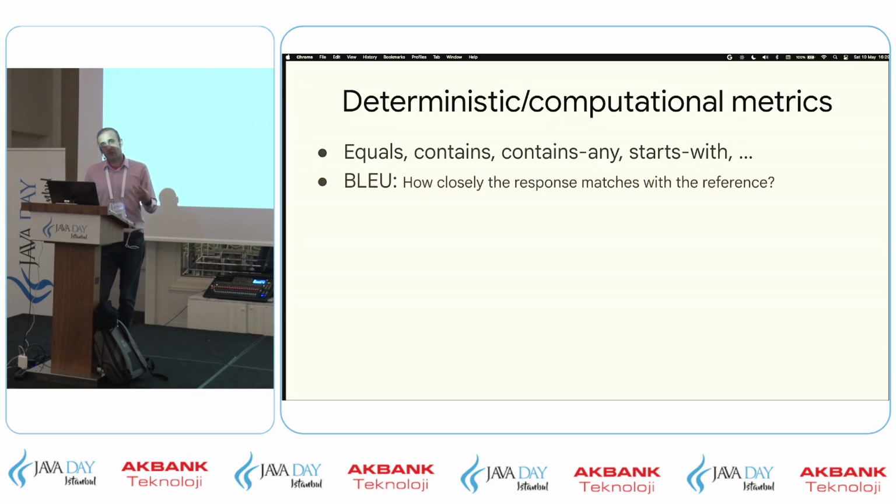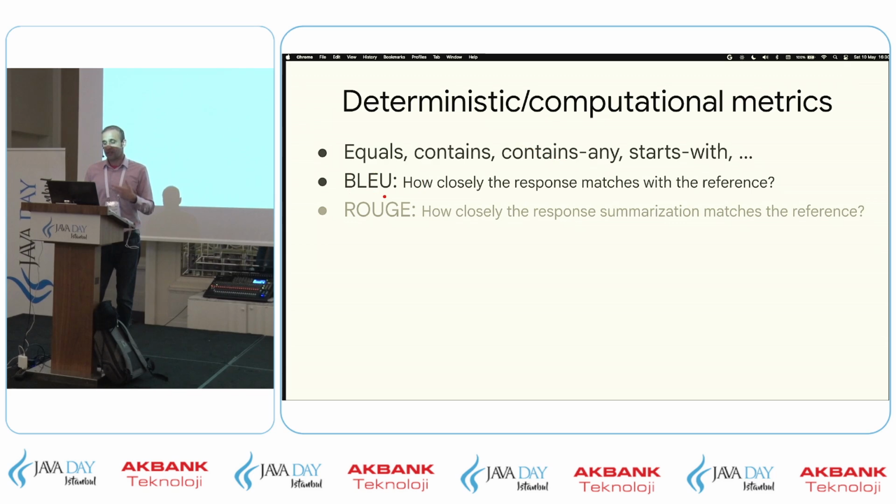Then there are other metrics like BLEU, which is mostly used for how closely your text matches a reference. Let's say you have some reference text, the perfect output that you're expecting, and you want to see how the actual output matches it. You can use BLEU to get that score. There's another one called ROUGE.